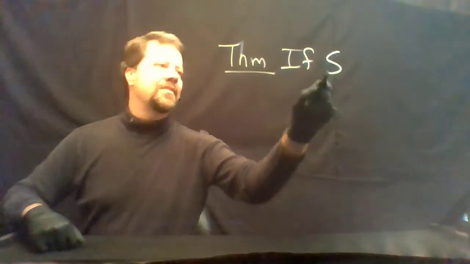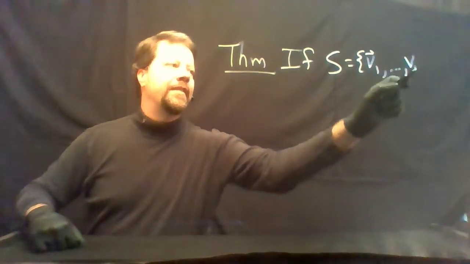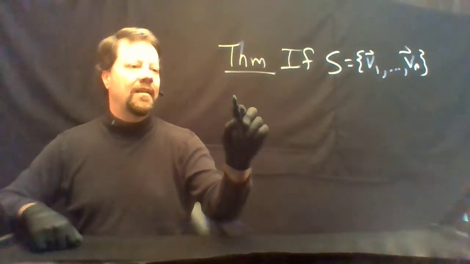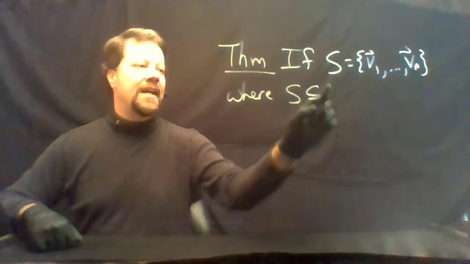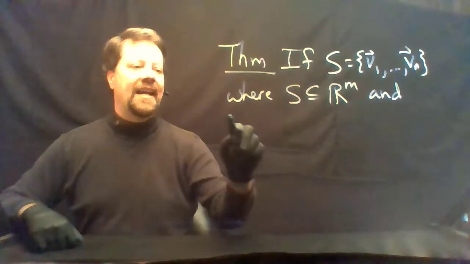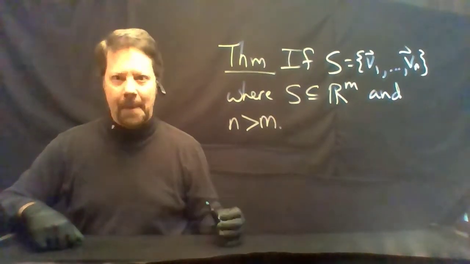If S consists of the vectors v1 to vn, where S is a subset of Rm, and n is strictly bigger than m.